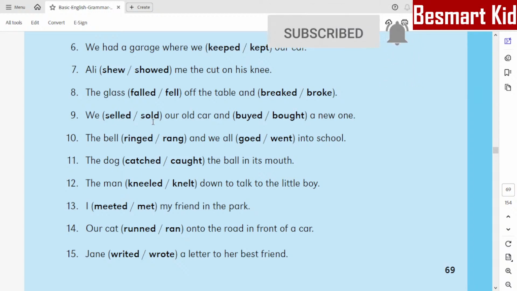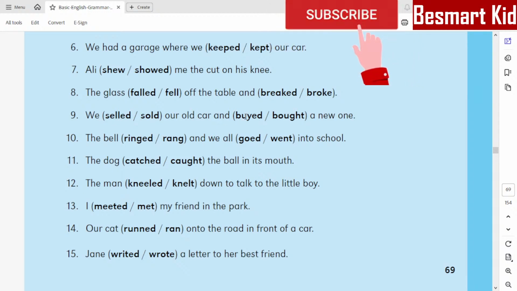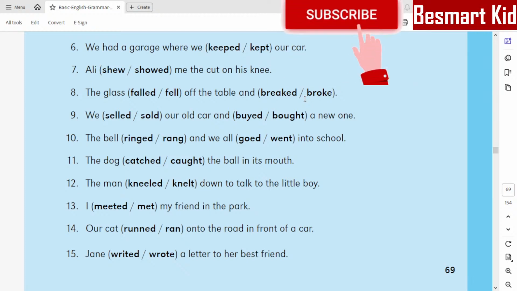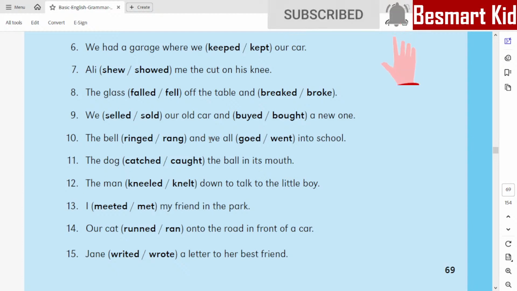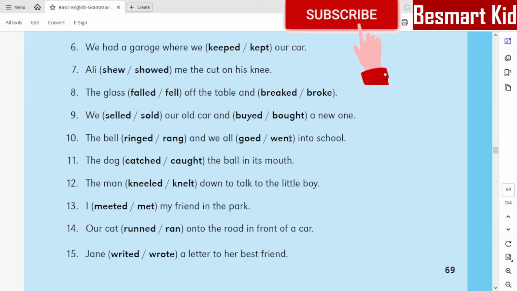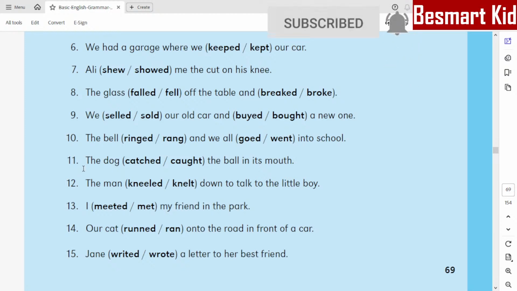We sold our old car and bought a new one. The bell rang and we all got or went into school. The dog catched or caught the ball in its mouth.